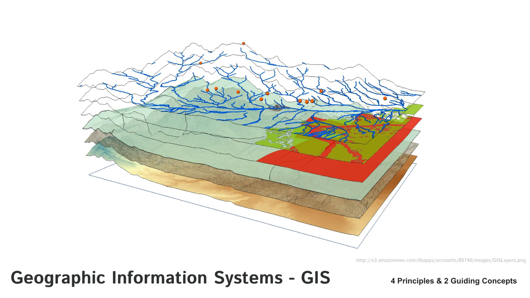Those look to me like they might be what's called a buffer, the red area, and the green might be what's called a land use. That might be like a forest cover. And then the blue lines on the very top, those look like rivers or waterways. And then the yellows, they might be points of interest. Maybe they're locations where we've taken data samples from.